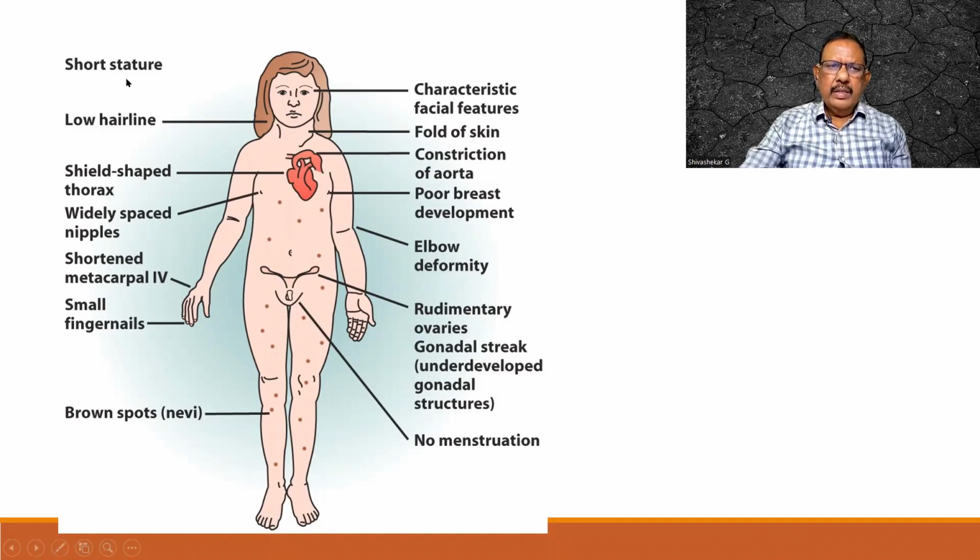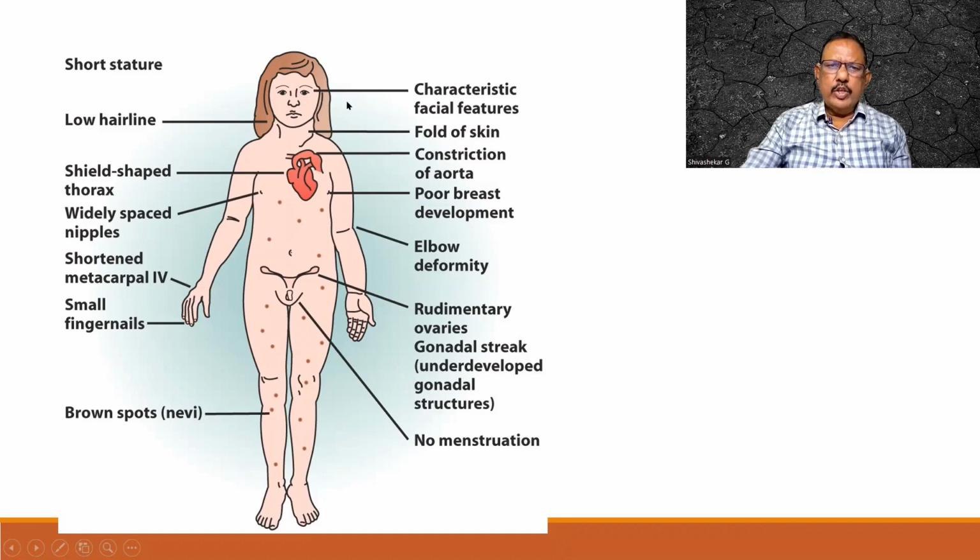The patient has a short stature. There is a low set hairline. The shield-shaped thorax, and you find wide spacing of the nipples. Also, there is an increased carrying angle at the elbow, shortening of the metacarpal bones, and small fingernails.